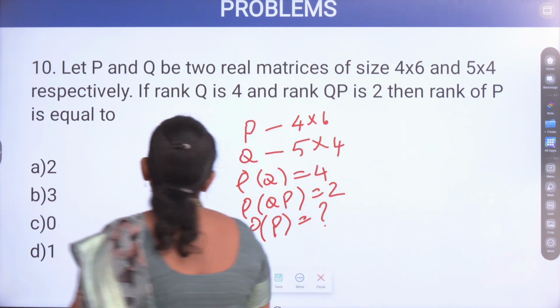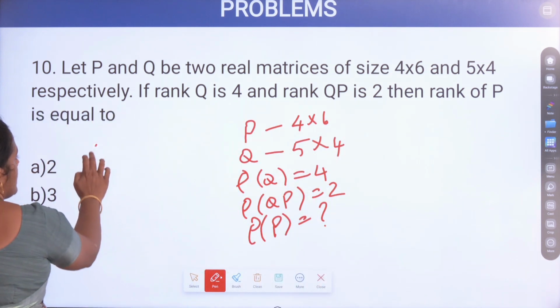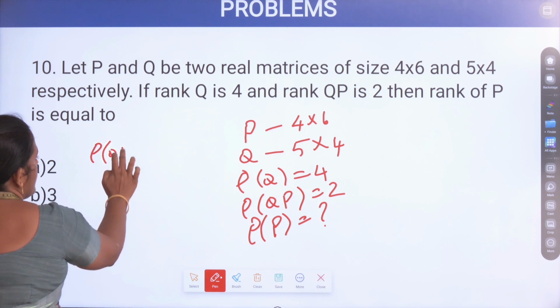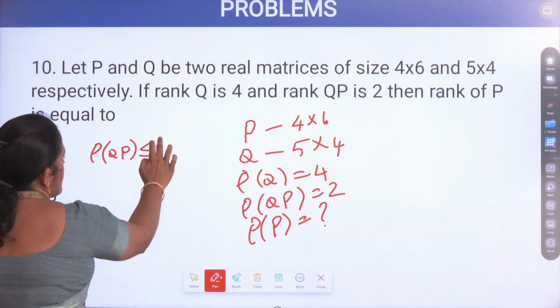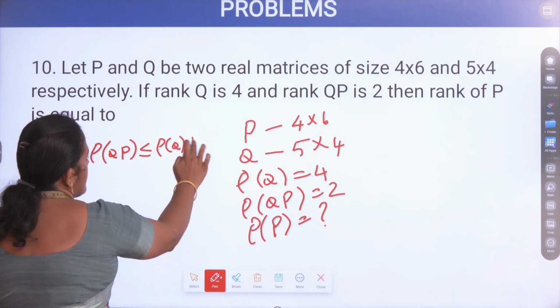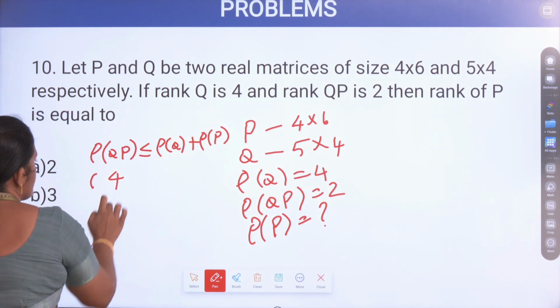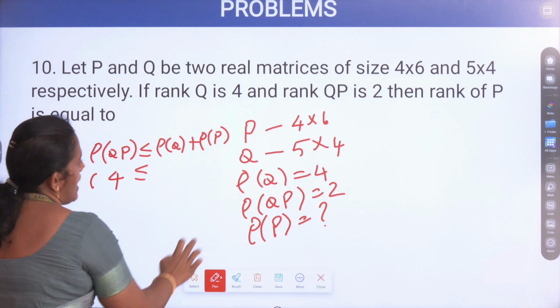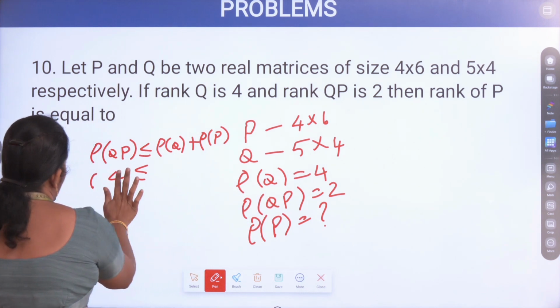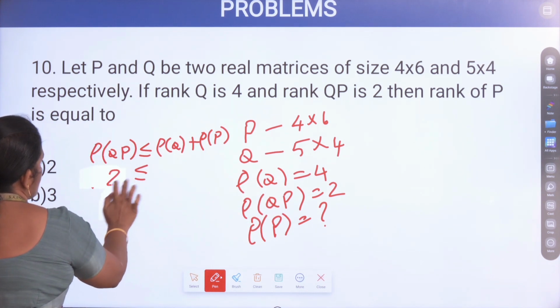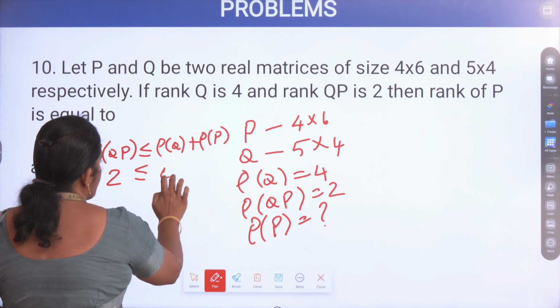Using the properties, you know that rank of QP is less than or equal to the minimum of rank of Q, comma, rank of P. Rank of QP is 2. Rank of Q is 4.